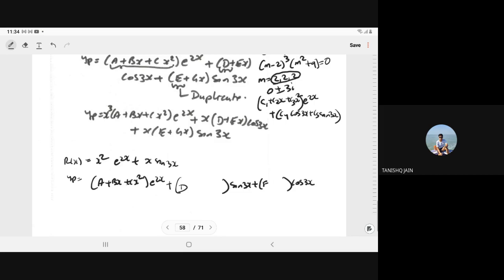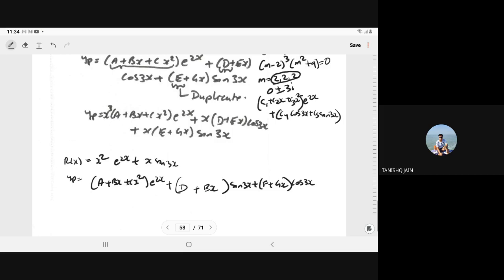Due to the multiplication of x, we multiply with the polynomial, so (d plus ex) and (f plus gx). So that is the first yp.